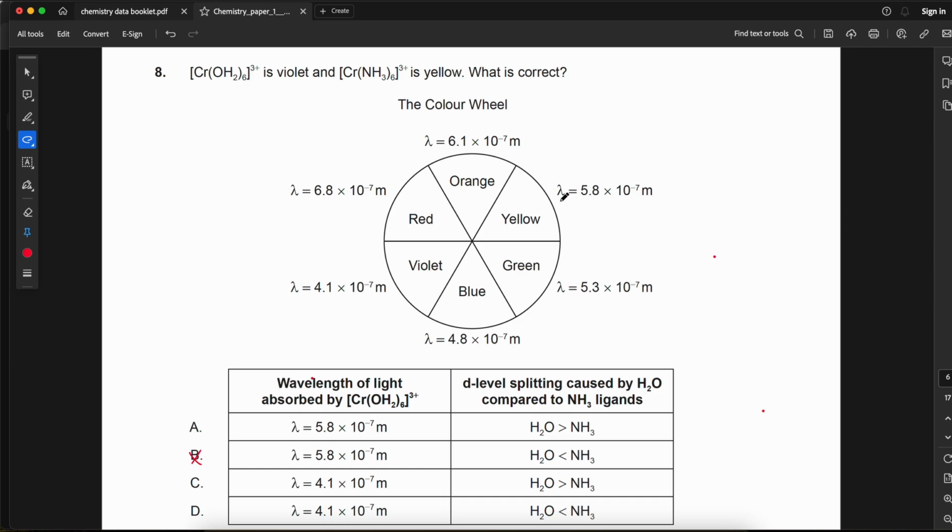Complementary colors are opposite each other in the color wheel. The energy difference between the eg set and t2g set, the splitting of the orbitals, determines the color of the complex. So the larger splitting caused by the stronger ligand, which is NH3, results in the absorption of light in the violet region, leading to the observed yellow color in Cr(NH3)6 3 plus.